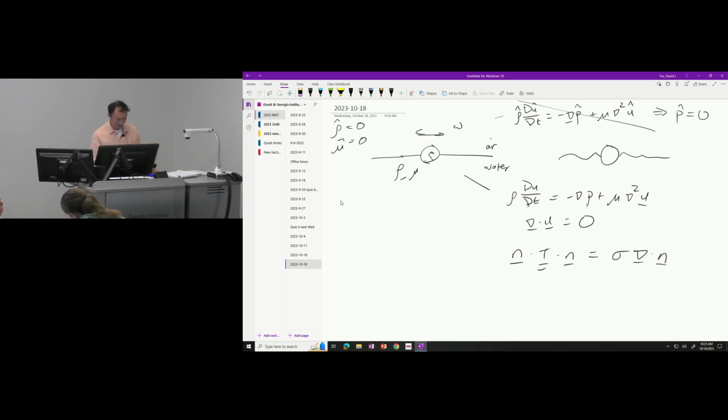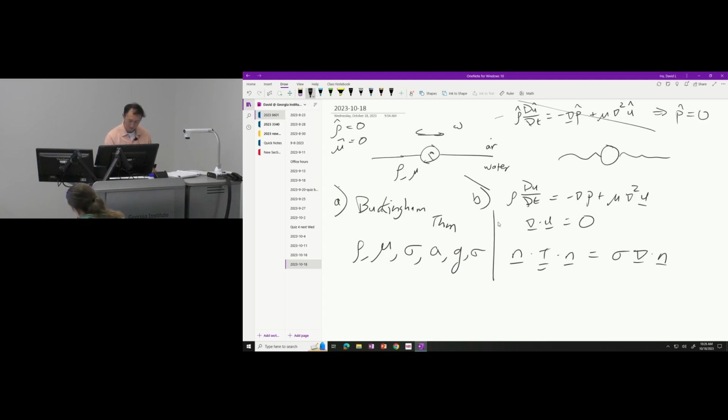All right, okay. Part B, part A. All right, Buckingham theorem. Buckingham theorem says, I got these variables: rho, mu, sigma. Got these variables, 1, 2, 3, 4, 5.